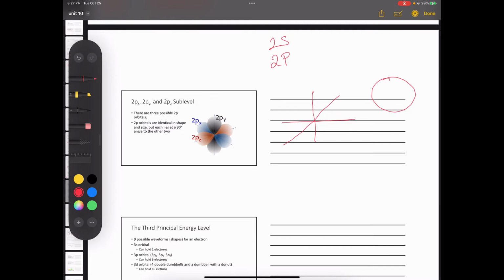So you will have the py sitting on the y-axis, the px sitting on the x-axis, and you will also have the pz sitting on the z-axis.